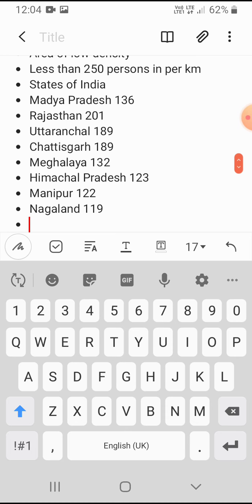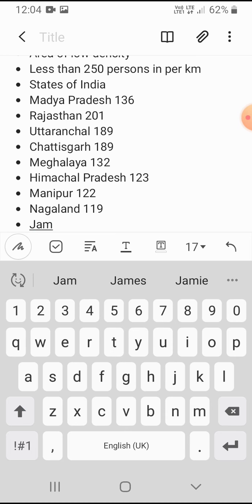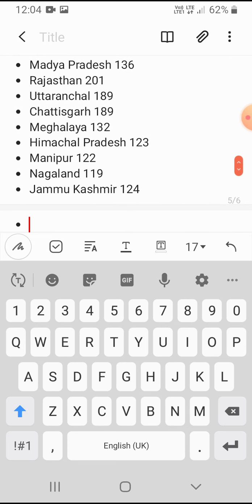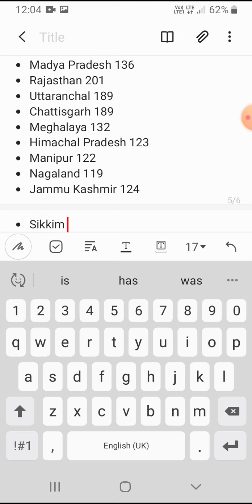After that, Jammu and Kashmir has 124 people living per square kilometer. After that, Sikkim has 86 people per kilometer square.